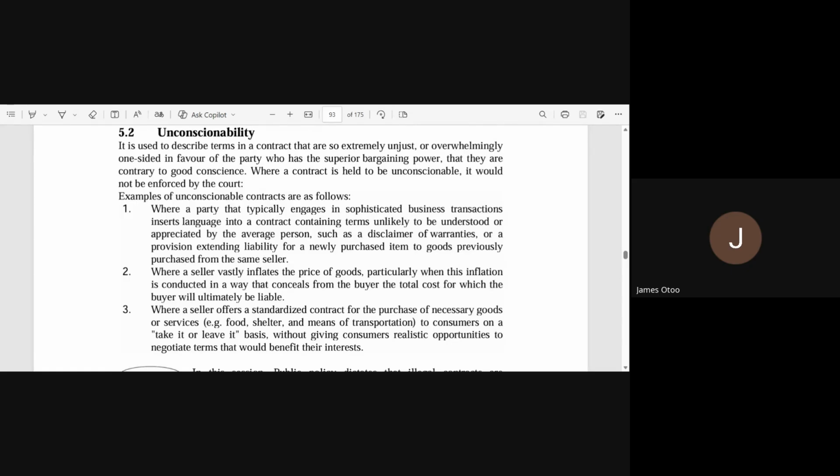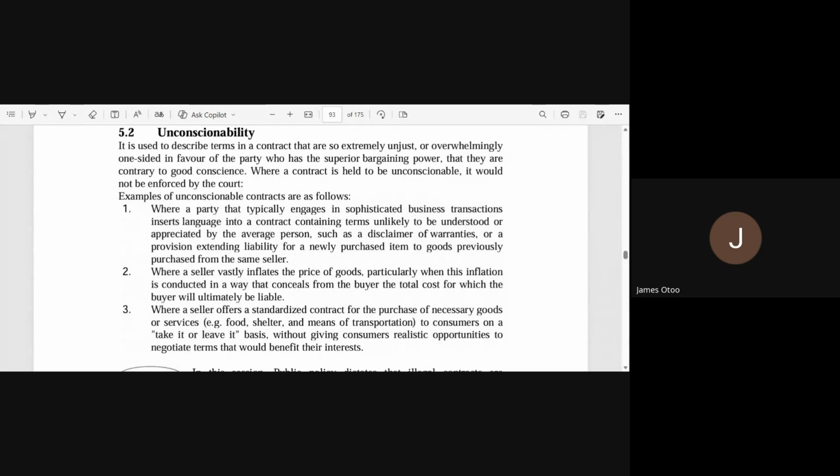So, examples include when a party that typically engages in sophisticated business transactions inserts language into a contract containing terms unlikely to be understood or appreciated by the average person, such as a disclaimer of warranties, or provision extending liability for a newly purchased item to goods previously purchased from the same seller.